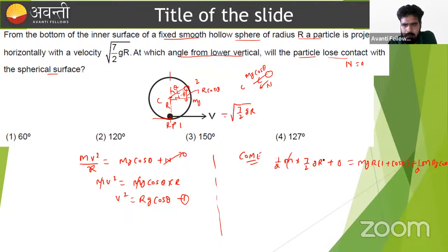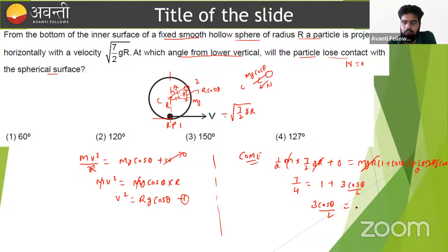Here mgr and mgr cancel out. What will happen here? 7 by 4 equals 1 plus 3 cos theta by 2. So 3 cos theta by 2 equals 7 by 4 minus 1.